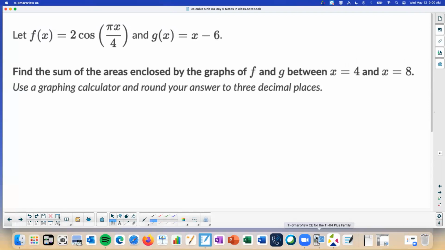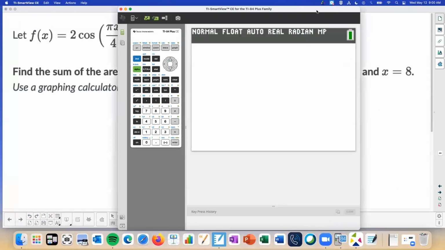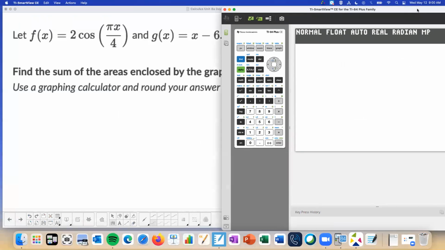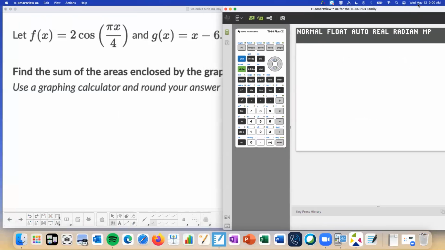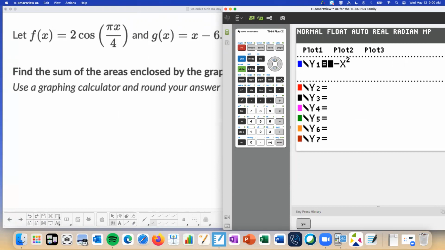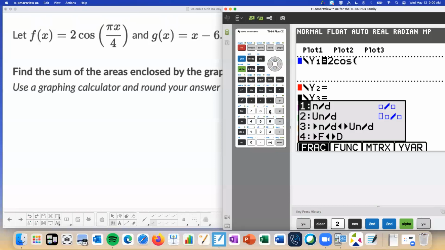Let me pop mine up here. Okay, so I'm going to go into y equals and put in the equations. Actually, I'm going to use the fraction button.